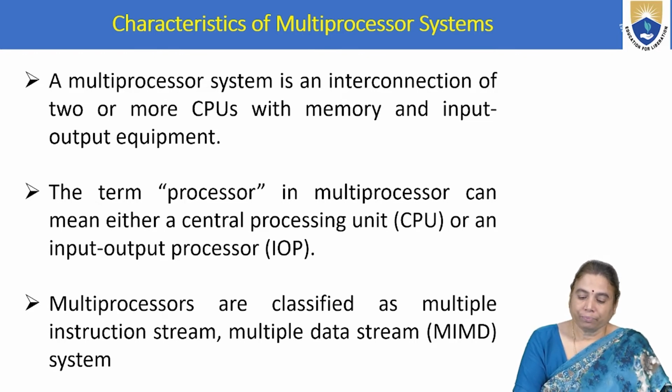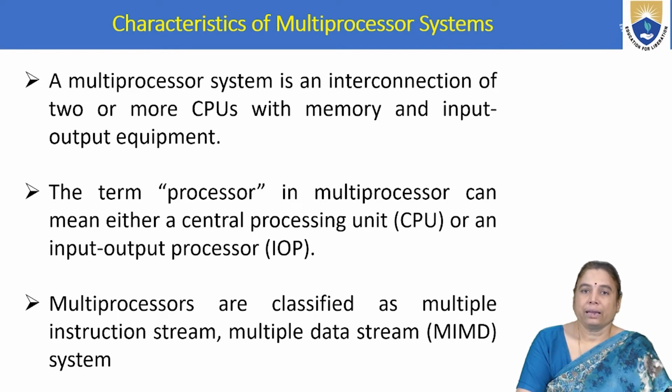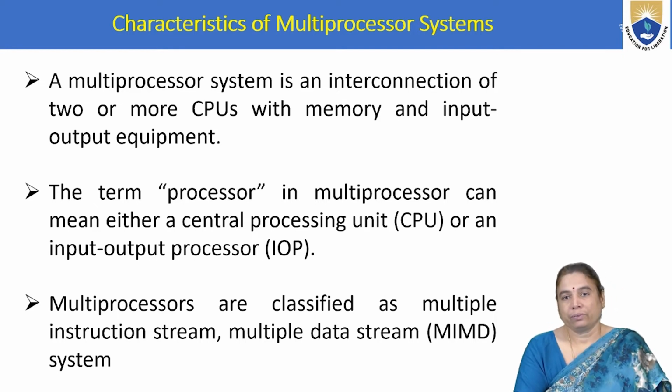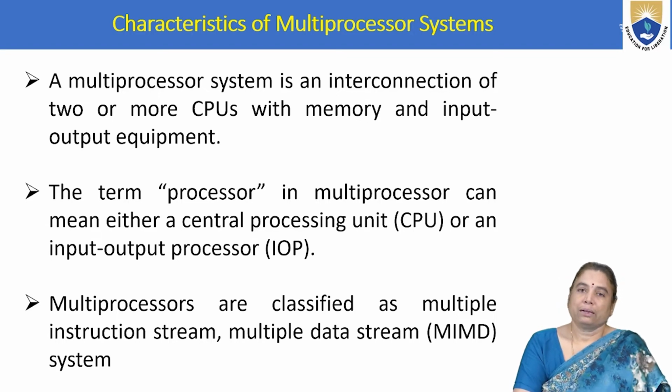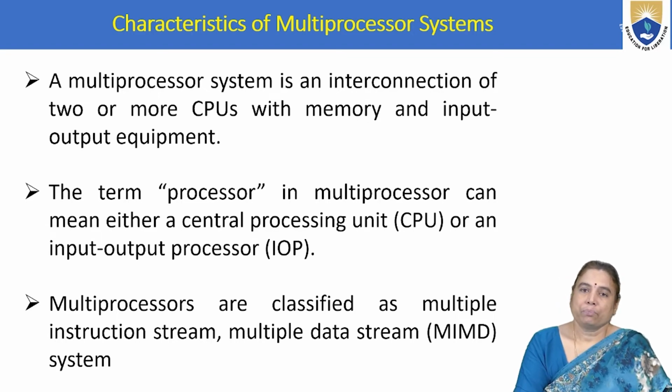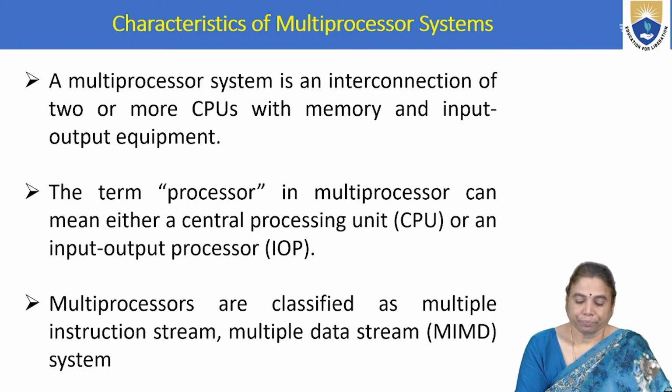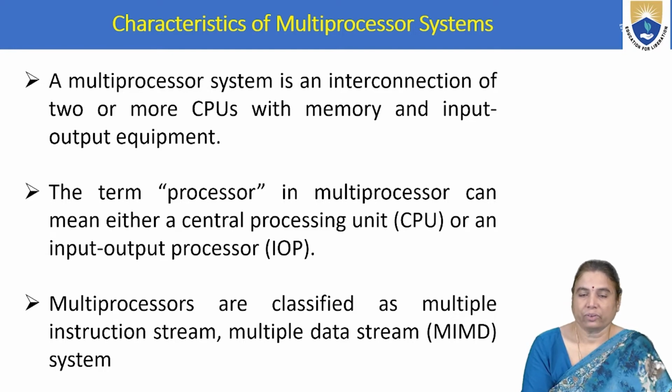So if a system is employed with more than one CPU or more than one IOP, it can be considered a multiprocessor system.